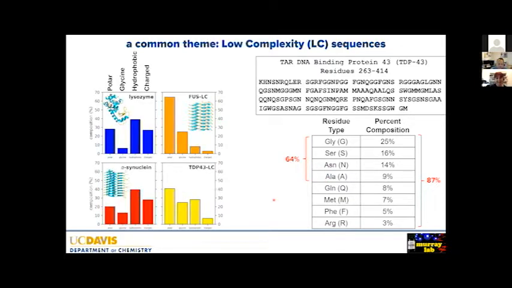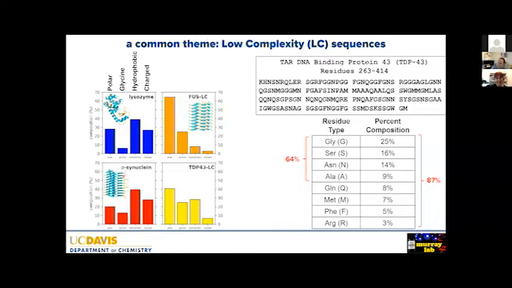And it's interesting to compare this to other protein sequences. If you look over here on the histograms on the left side of the slide, you can see that T4 lysozyme, which is just a canonical enzymatic globular type protein, has a relatively even distribution of polar, hydrophobic, and charged amino acids with relatively few glycines.